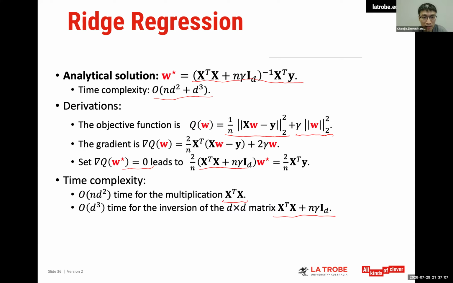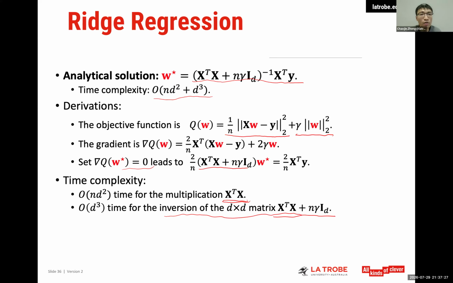That's why we have two parts: one for multiplication of this matrix and one for calculating the inversion of this matrix. This time complexity is just for your information. You don't need to memorize that.